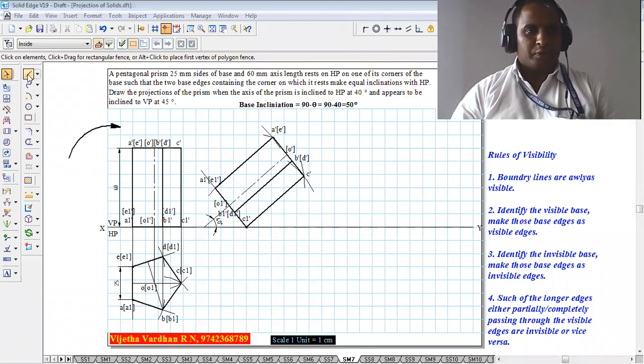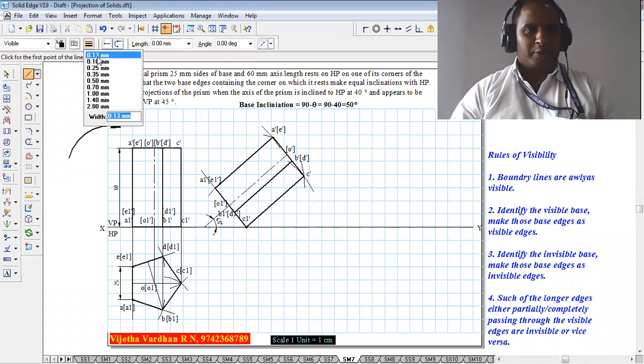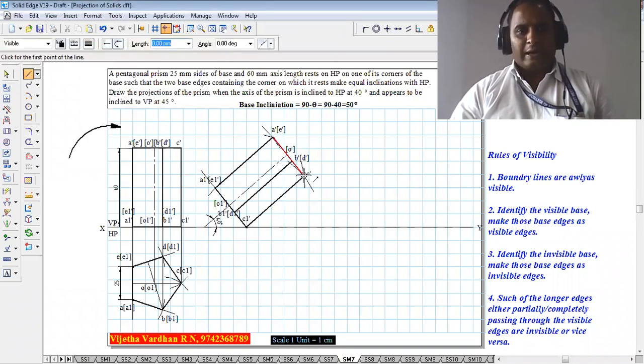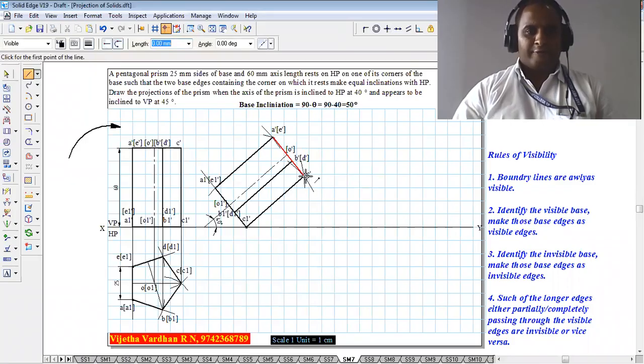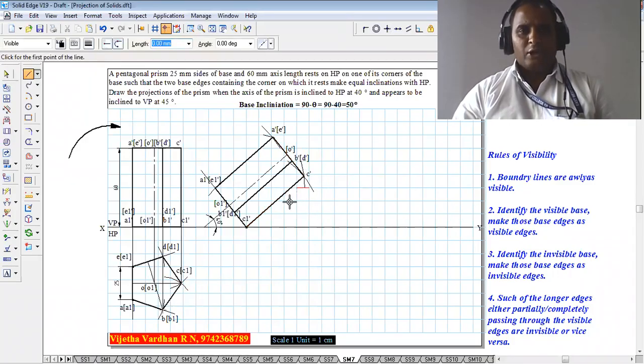To draw the top view, one has to draw the projector lines from the present stage front view and the previous stage top view like this. Say for example, to locate the corner C exactly, we have to draw a projector coming from C dash vertically, and the projector coming from C horizontally.